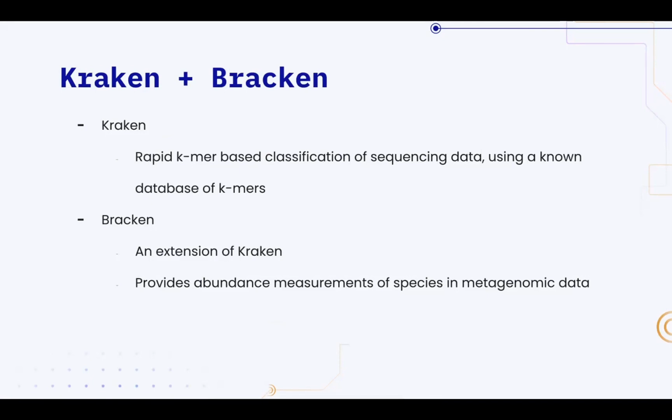Kraken is the workhorse of this pipeline. It does rapid k-mer-based classification of sequencing data using a known database of k-mers. And Bracken is just an extension of Kraken that does the abundance measurements of the data output by Kraken to give us proportional measurements of the species present within a sample.